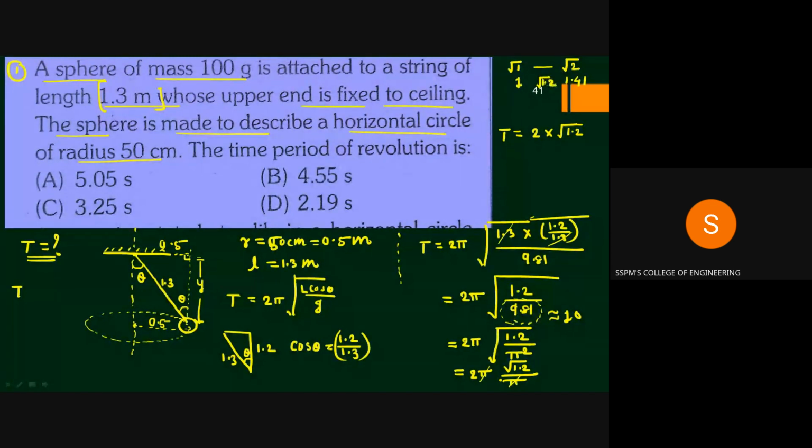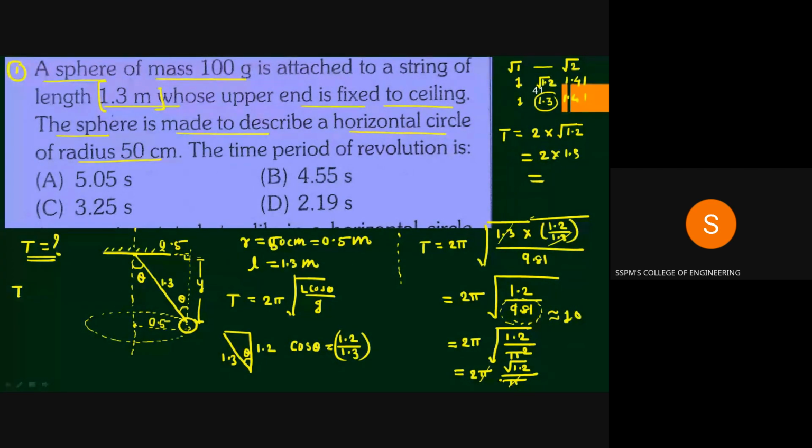So the value of square root 1.2 will lie between 1 and 1.41. So we can select any one value between 1 and 1.41. So I will assume this value is 1.3. I don't know what is the exact value. So 1.41 and this is 1. So for square root 1.2, the value may be 1.3. So I will write here 2 into 1.3.